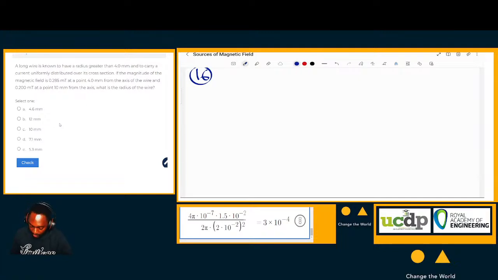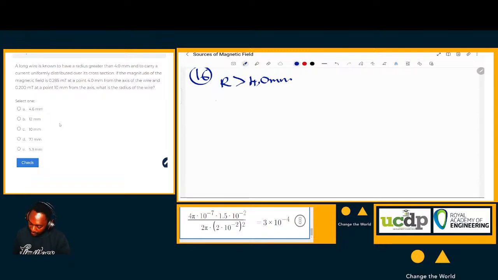Right, so I'm going to write down the information given. So we're told that the radius is greater than 4.0 millimeters.